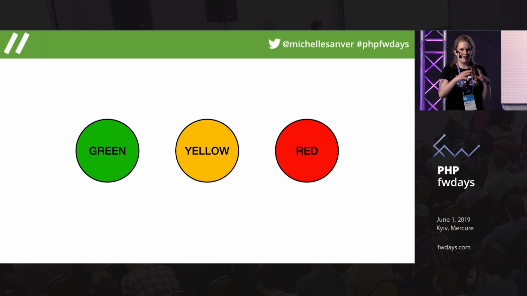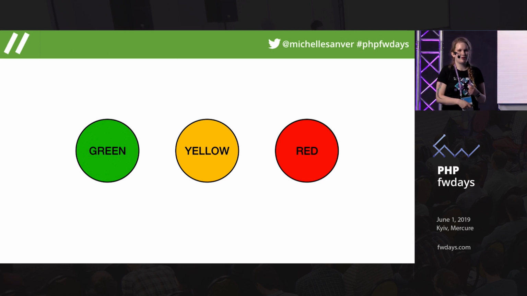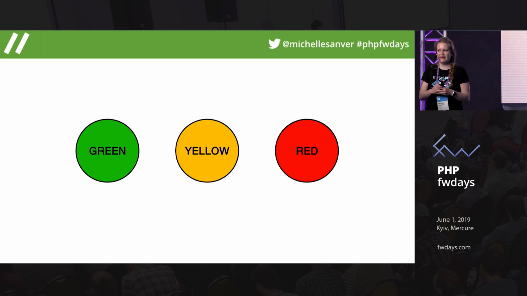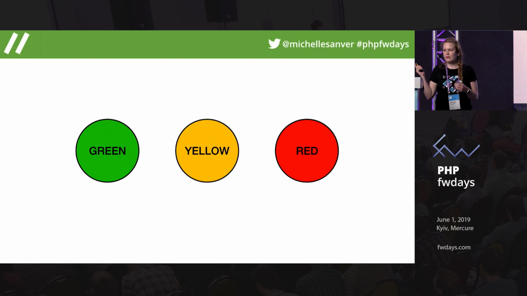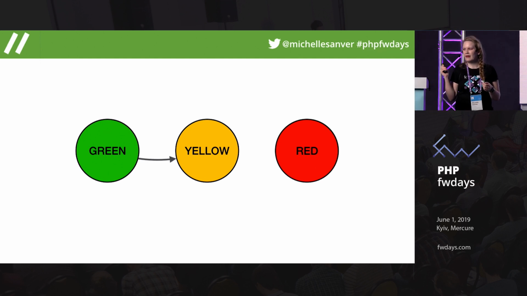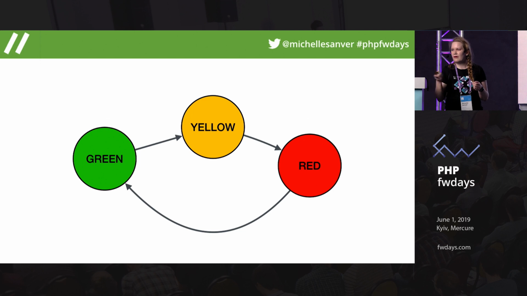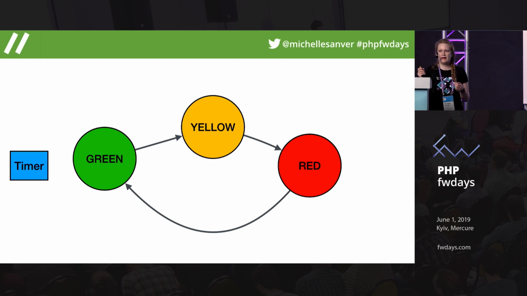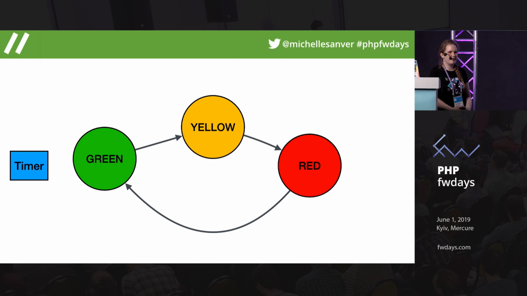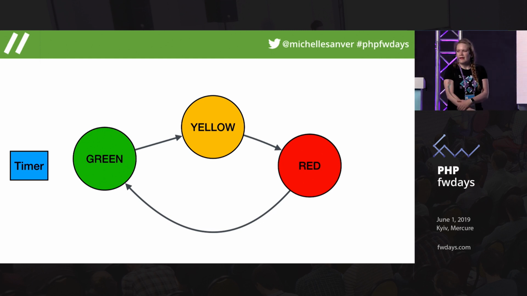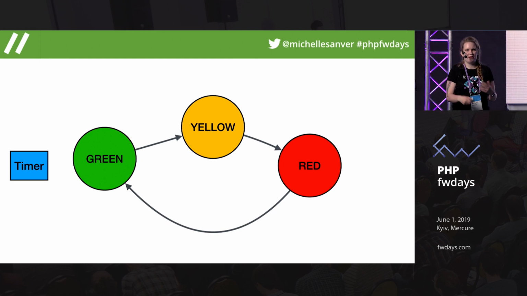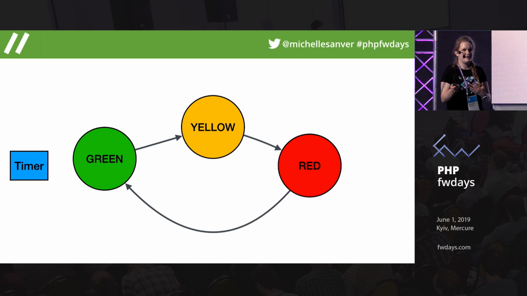The classical example is a traffic light. You have 3 states, green, yellow, and red. So green goes to yellow, yellow goes to red, and red back to green. And then you have something that changes the state, like a timer. And how does a traffic light decide on that exactly?